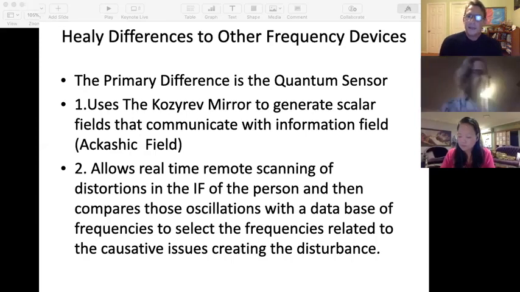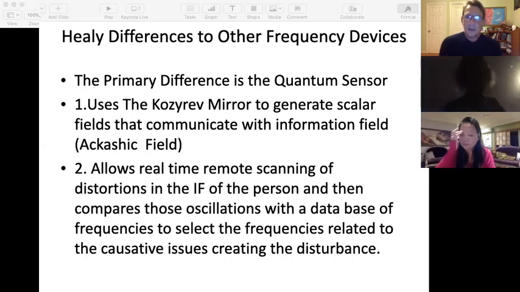And it's this key thing here, and it's called the Kozyrev Mirror. The Kozyrev Mirror is a type of shielding that is inside the device. It's like a little chamber, and this particular chamber is capable of doing two very important things.